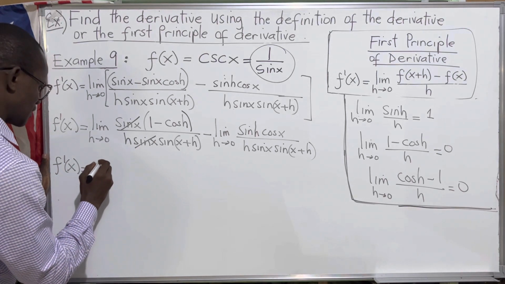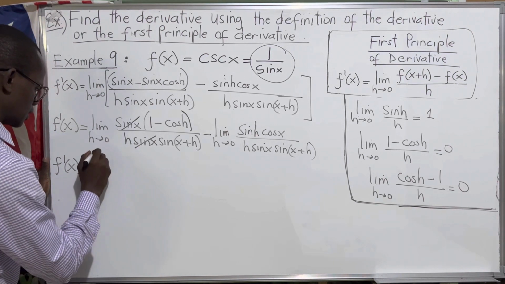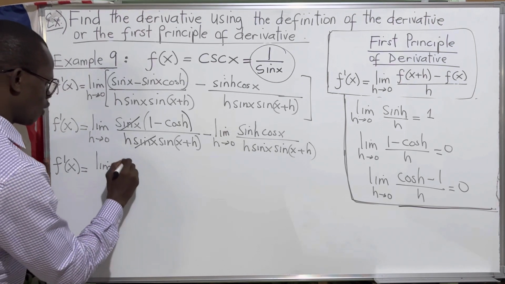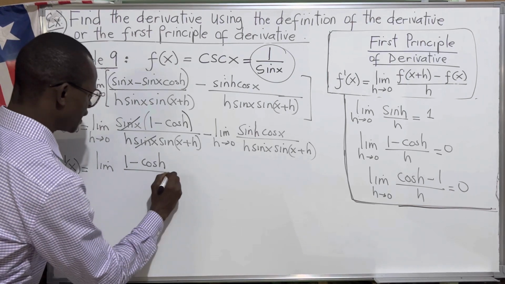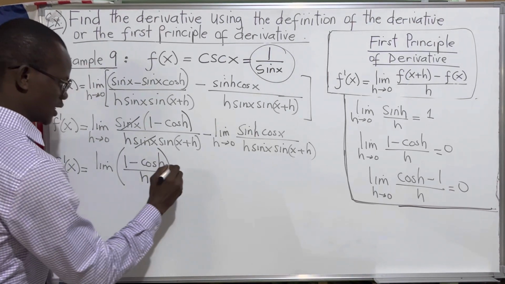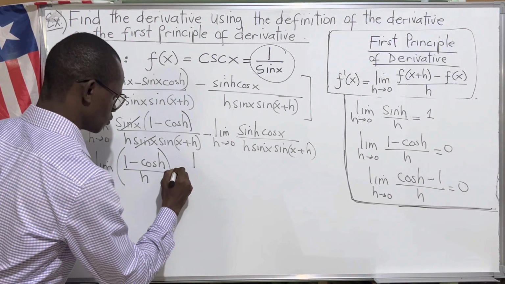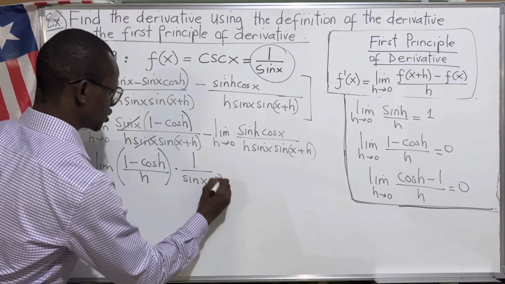We can write this as 1 over the limit of 1 minus cos of x cos of h, divided by h, then times 1 over sine of x plus h.